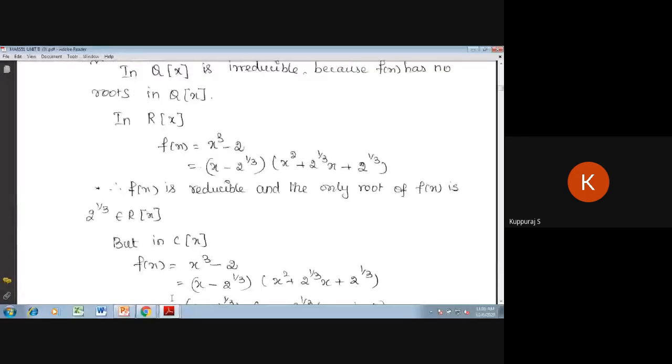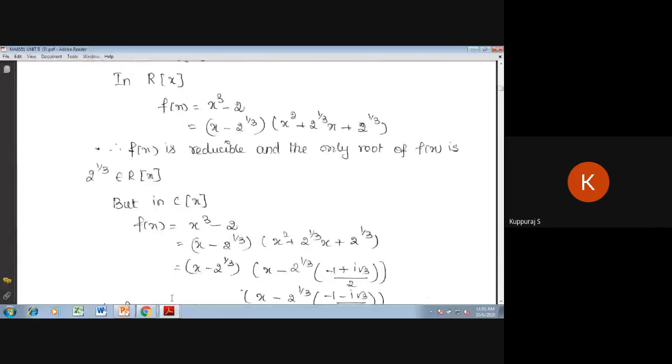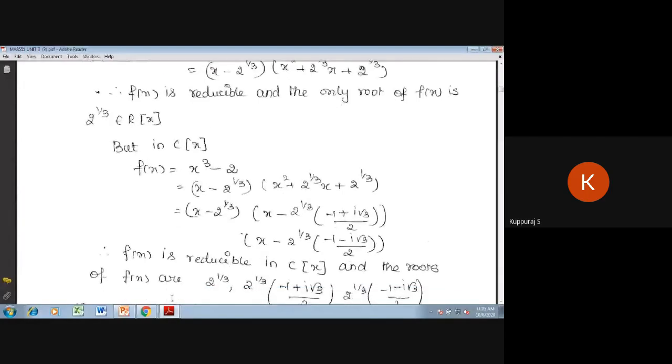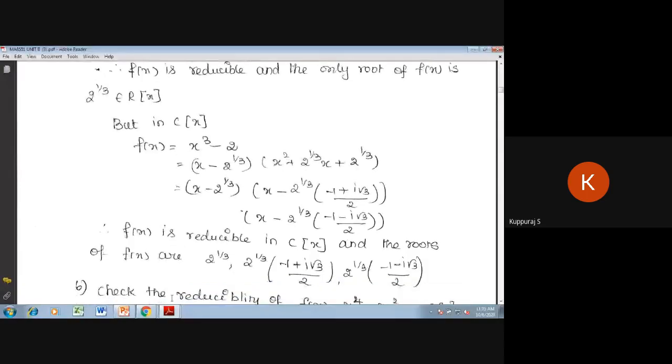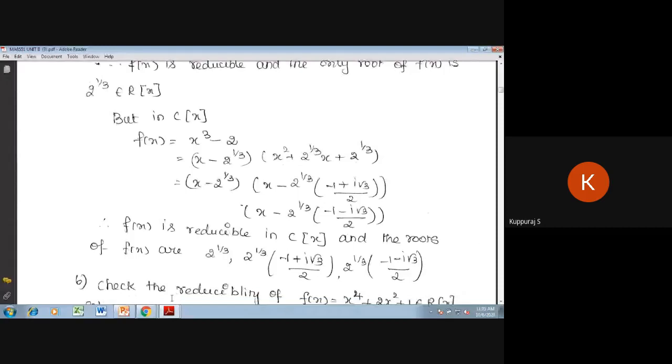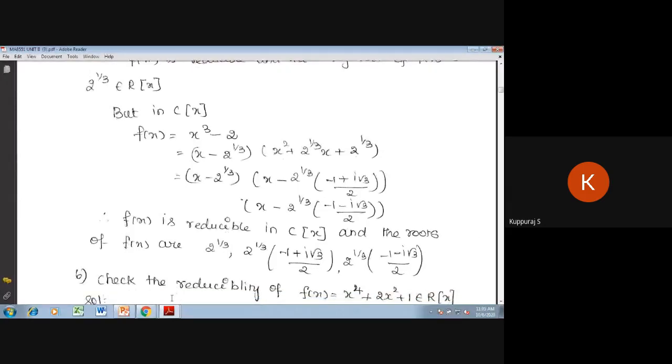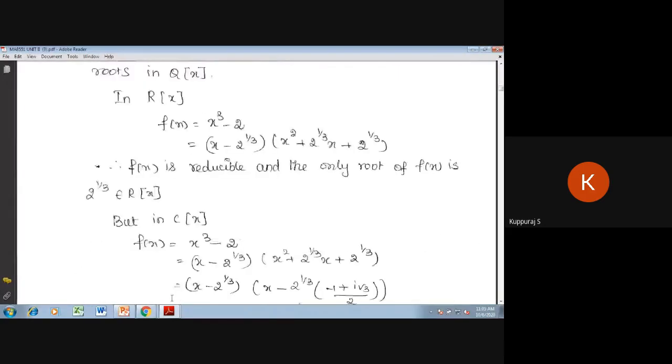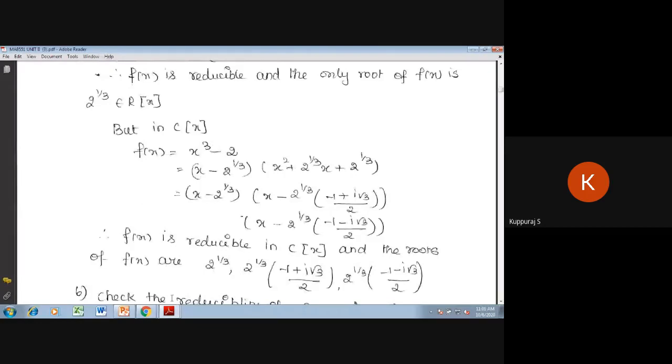At the same time, the quadratic factor can be expressed as the product of factors whose roots belong to the set of all complex. Therefore, the given polynomial f of x is reducible over C of x, irreducible over R of x.